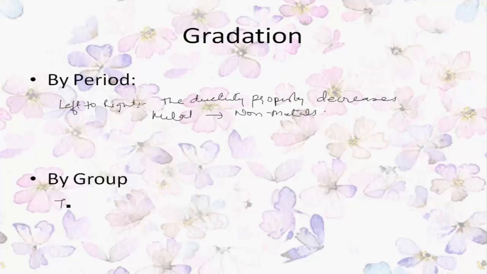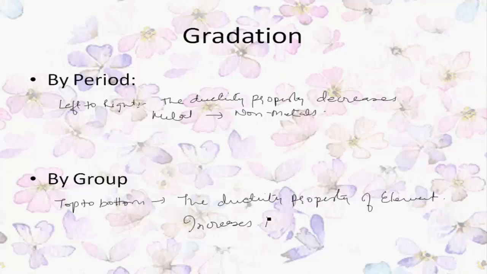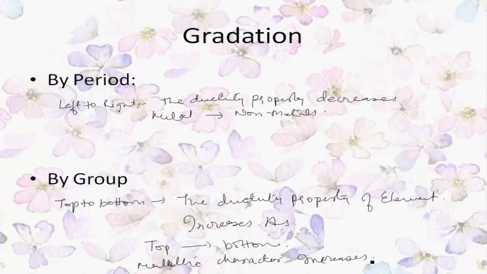And when we move from top to bottom in a group, the ductility property of the element increases as from top to bottom the metallic character increases. So I hope you have understood the basic concept of the ductility property and the gradation of this ductility property.